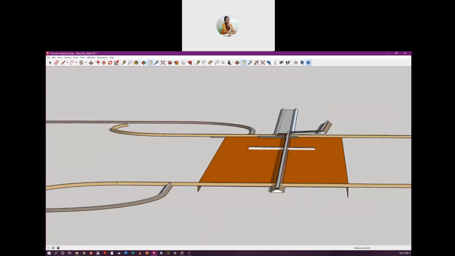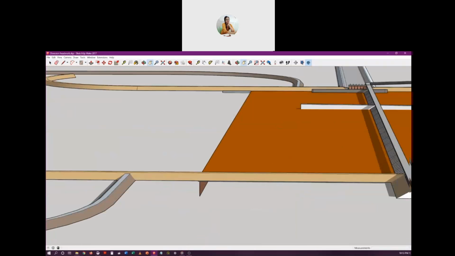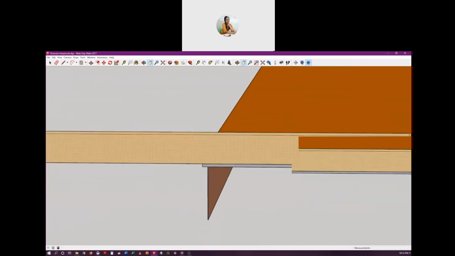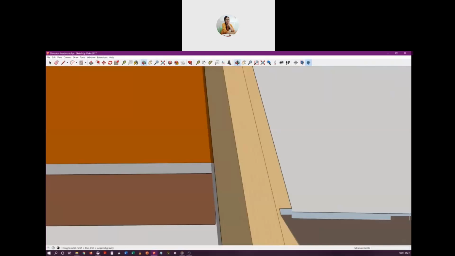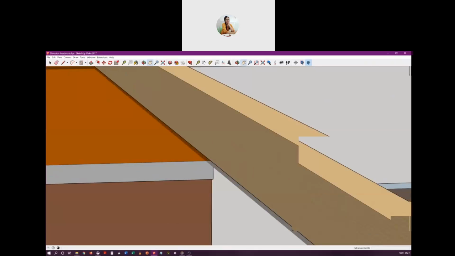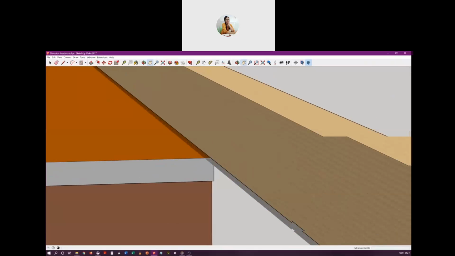But one problem may be that water can seep on the sides of this impervious floor, that is on the edges, on the right hand side and left hand side.